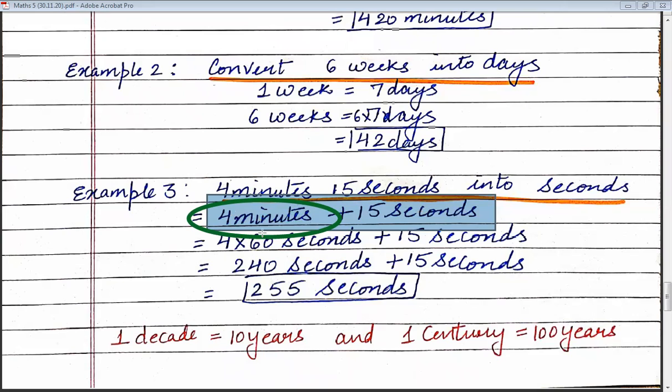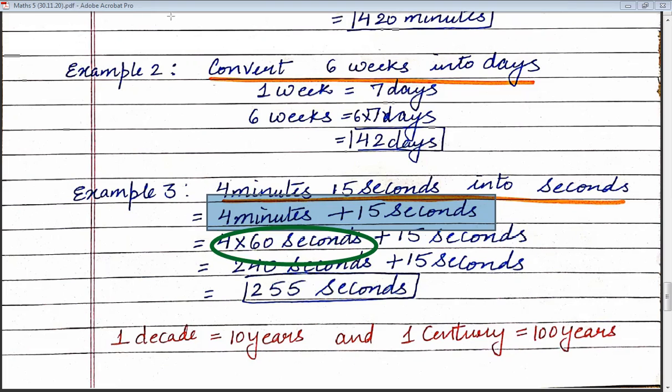So you know that 1 minute is equal to 60 seconds. So what you will do now? Now you will multiply 4 with 60. When you multiply 4 with 60, your answer will come in seconds.